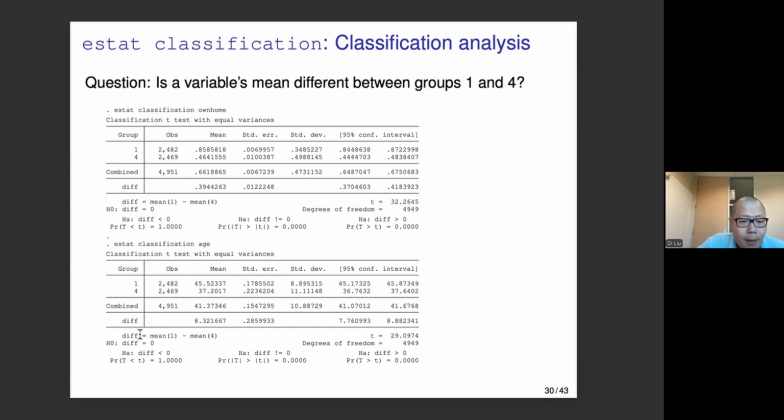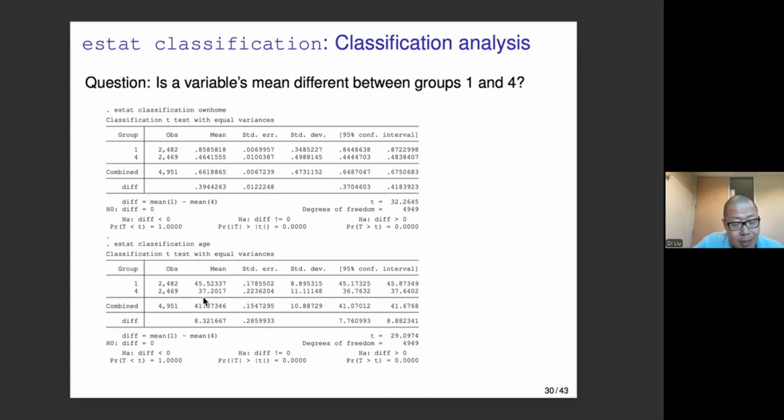Similarly, we can look at how people's age varies between group 1 and 4. As you see, in the first group, the mean value of age is 45, and in group 4, the mean value of age is 37.